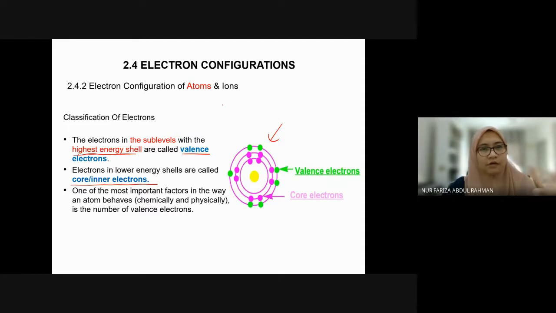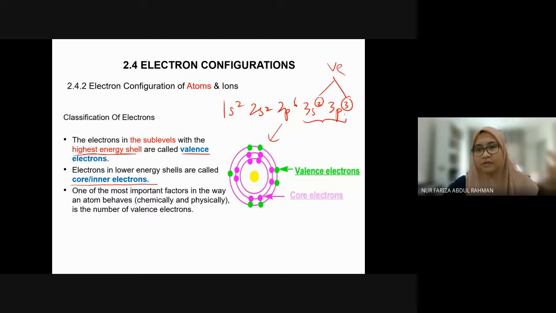So what do we have just now? Phosphorus: 1s2, 2s2, 2p6, 3s2, 3p3. Once we have identified the valence electrons, the rest are all core electrons. So if the question asks for the number of core electrons for phosphorus, identify the valence electrons first, and the rest will be core electrons.